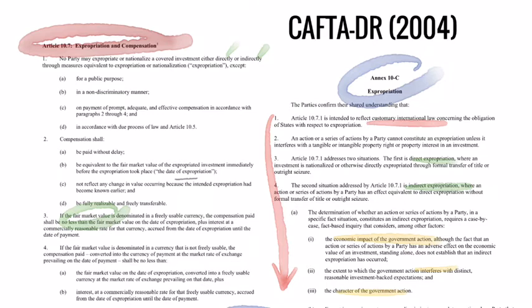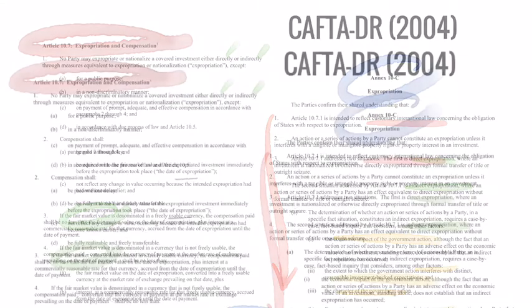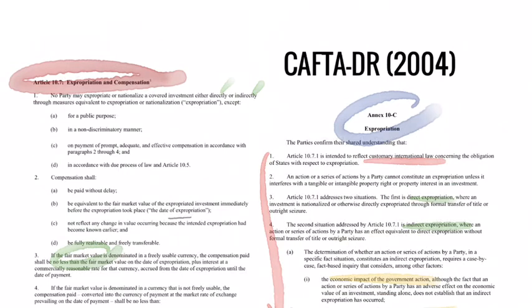It also contains the Hull principle, and it has two other explicit conditions. That is, for lawful expropriation, it has to be in a non-discriminatory manner and in accordance with due process of law. What is extra about this treaty is that it has an annex that states the application of customary international law and the detailed guide to determine indirect expropriation.